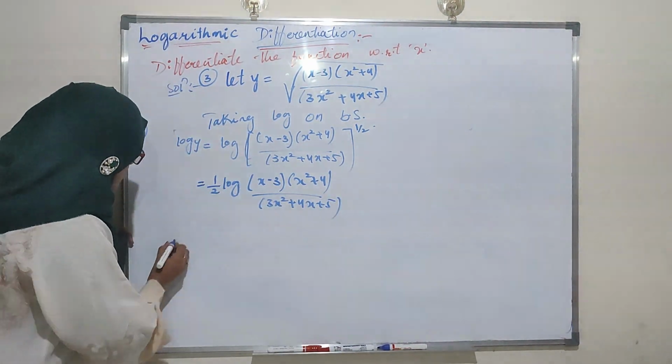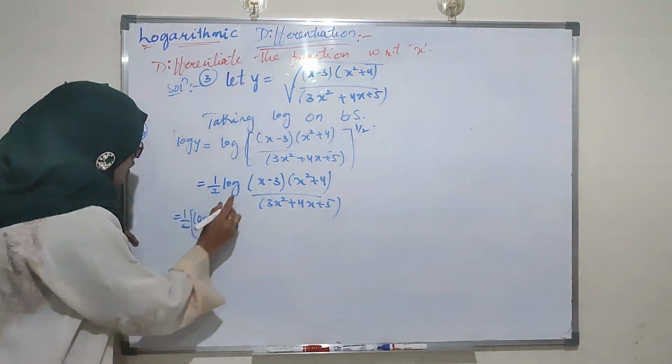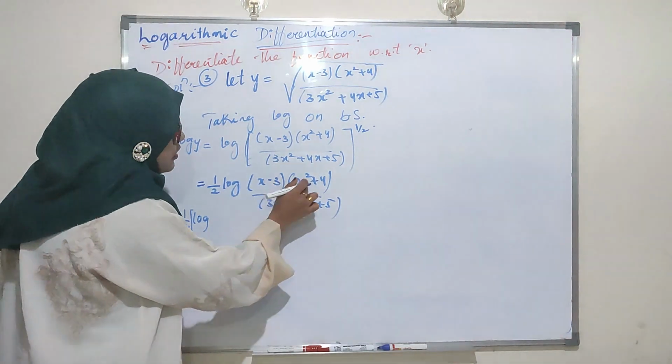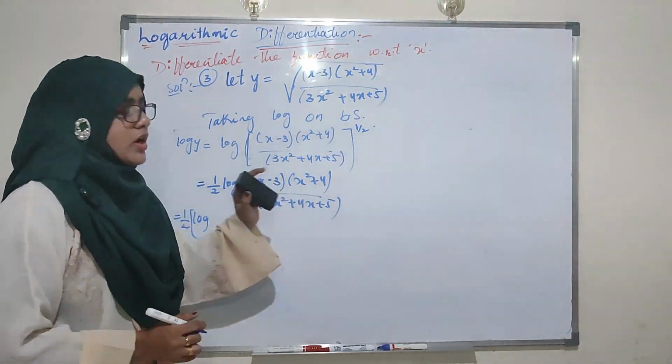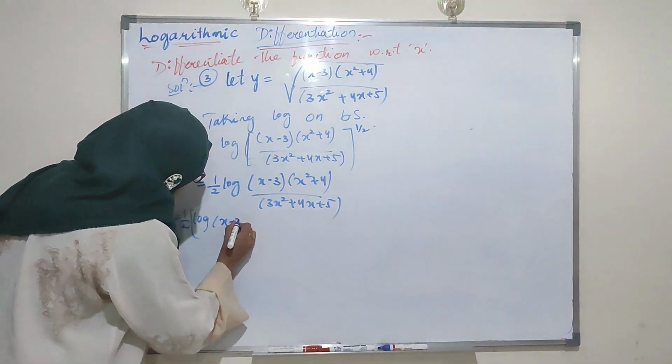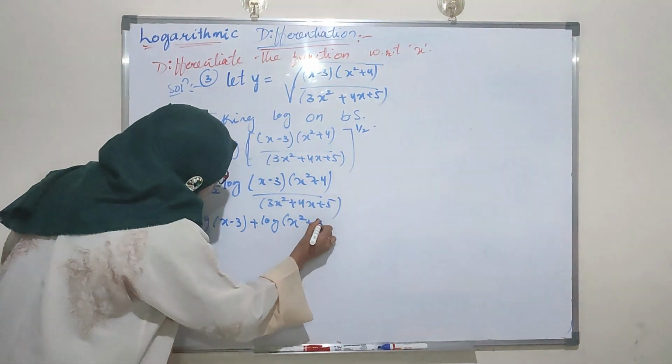Further we can simplify, keeping 1 by 2 as it is: log of x minus 3 into x square plus 4 means we can write log x minus 3 plus log x square plus 4.